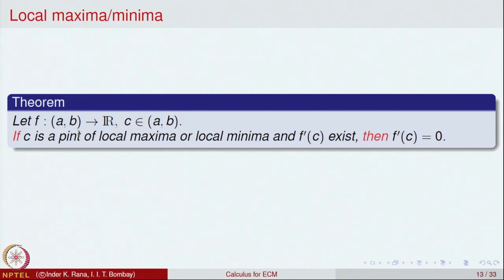saying that if c is a point of local maxima or a local minima and f dash of c exists, then f dash of c should be equal to 0. So, what we are saying is if the derivative exists.